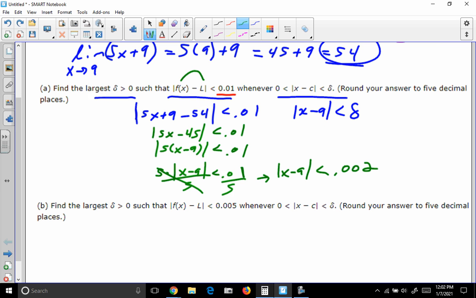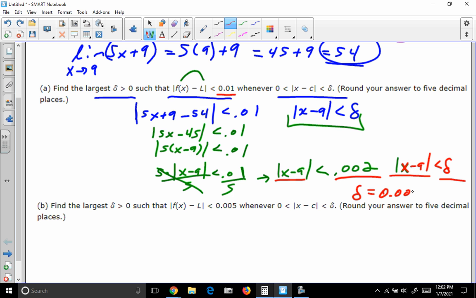Notice this other statement says that the absolute value of x minus 9 is less than delta. So if the left sides match, then the right sides have to match. That means delta is 0.002. So again, let's go back to what that means. Remember, this is the distance in the y direction.